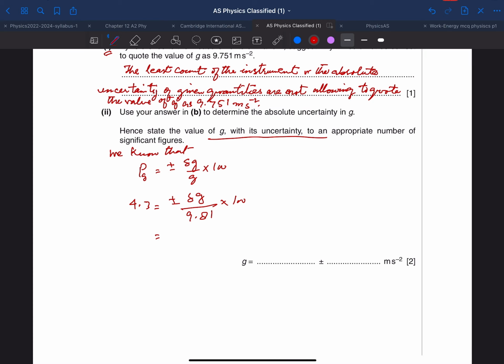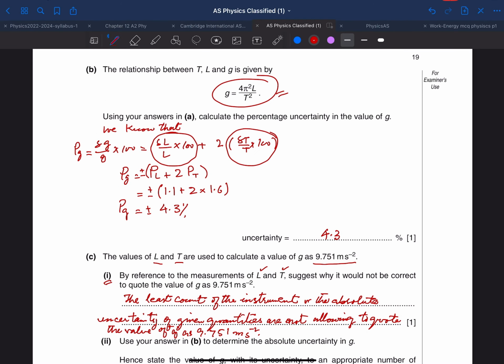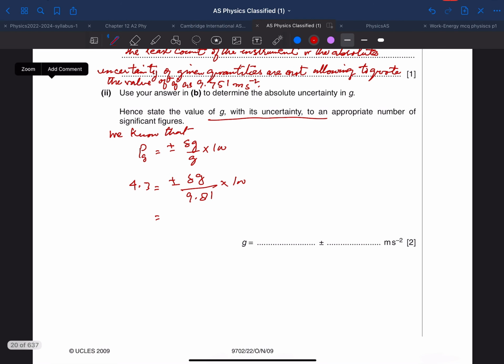If you calculate the value of G by using this formula, then you will get the value 9.81, and here you have to calculate the value of del G, which is nothing but 0.4. So plus minus 0.4 you will have.